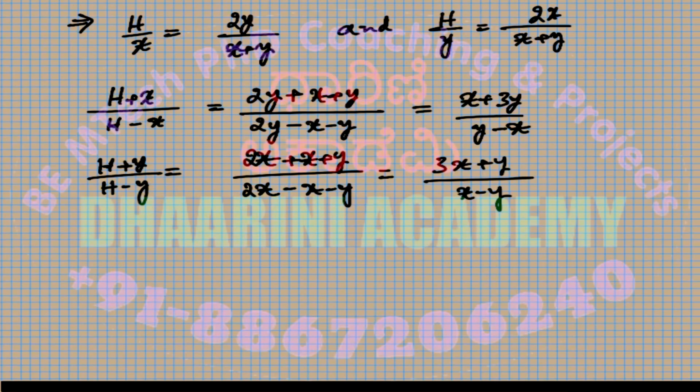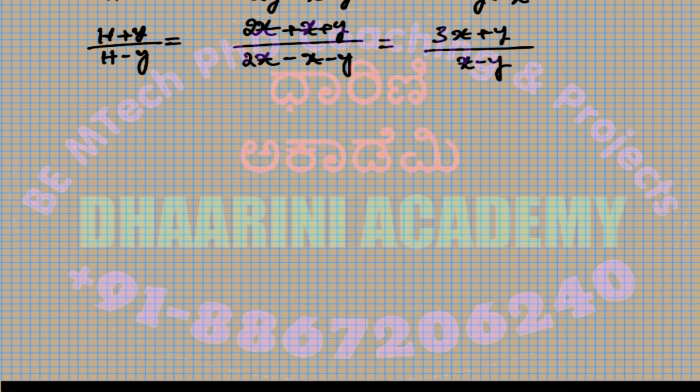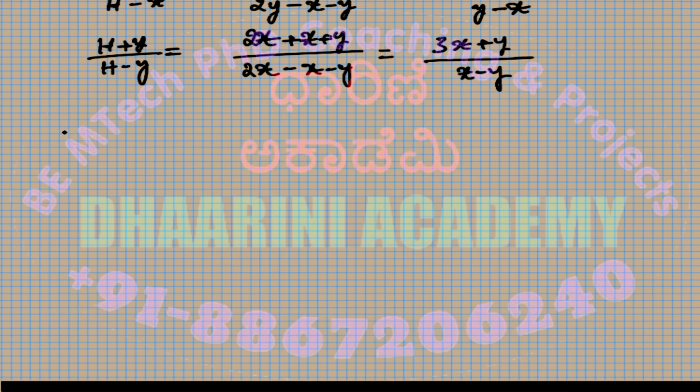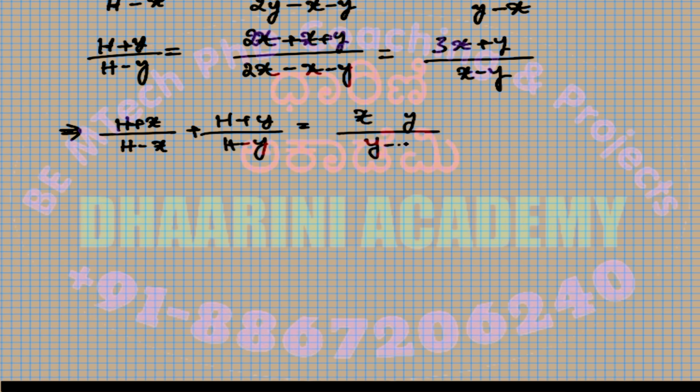So just calculate the required answer now. So this implies H plus X by H minus X plus H plus Y by H minus Y equals, substitute, x plus 3y divided by y minus x plus the 3x plus y whole divided by x minus y.